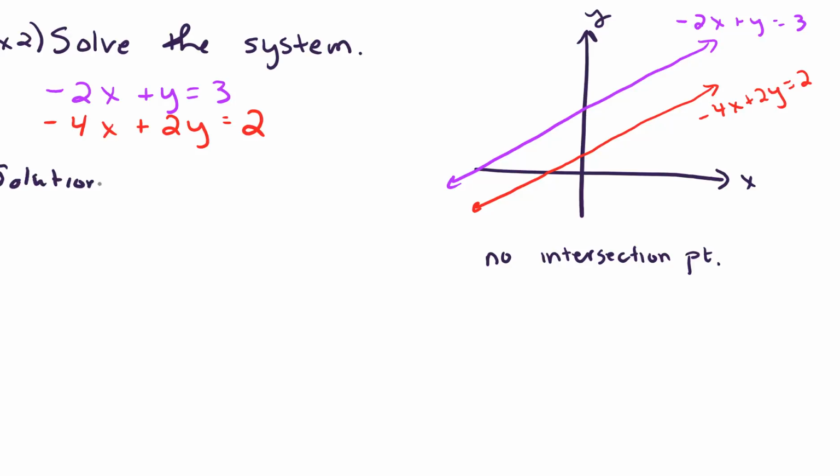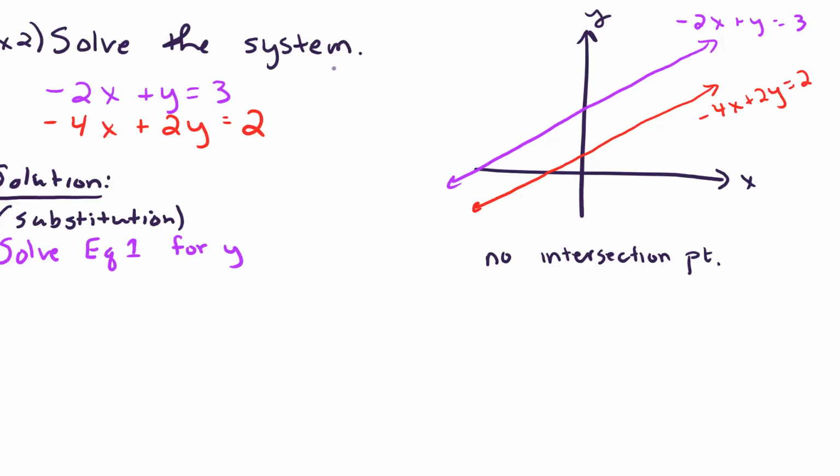So here's our solution. For this technique, let's use something called substitution. And you can use a variety of different methods, but I just want to demonstrate substitution here. So let's first solve equation 1 for y.